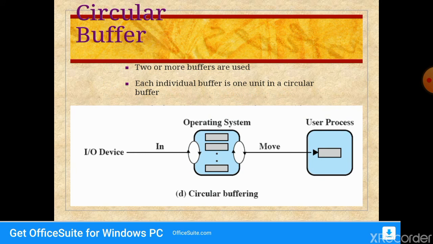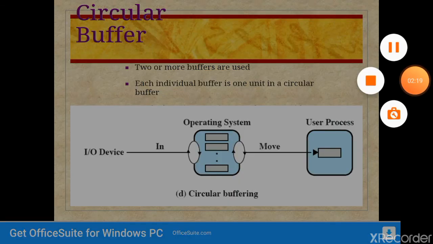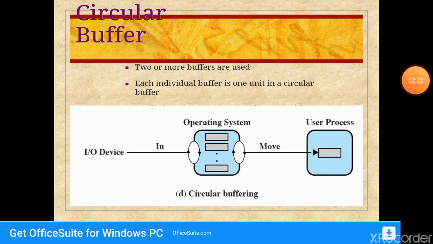Even in case of double buffering, when the process tries to rush the data into the buffer, there is a delay in buffering due to unavailability of space.